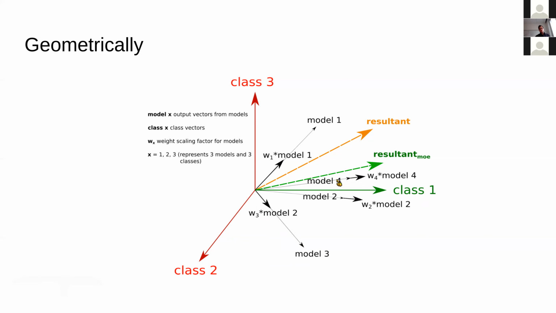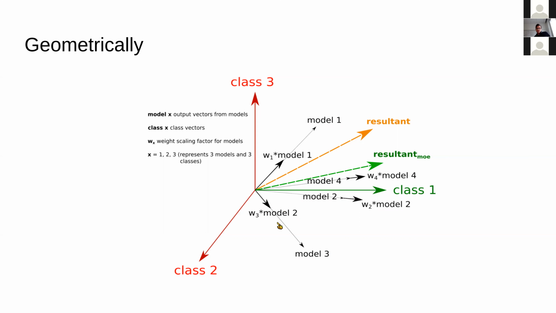Now, let's say the output of model 1 predicts that your softmax output is somewhere in between class 1 and class 3.